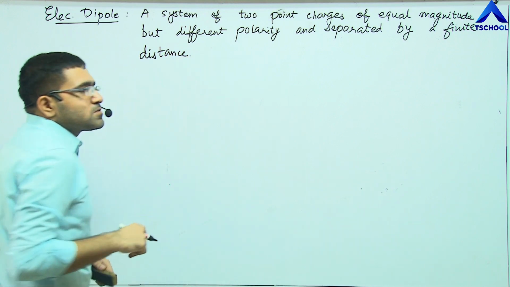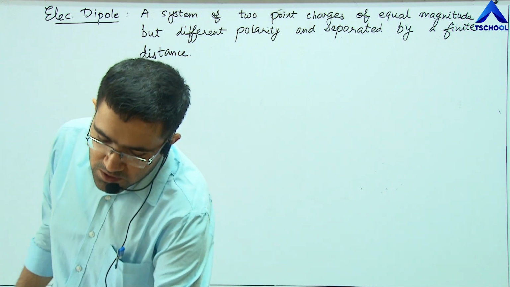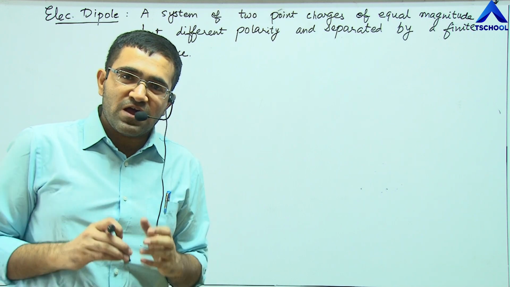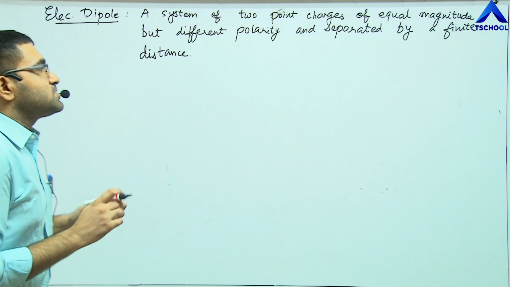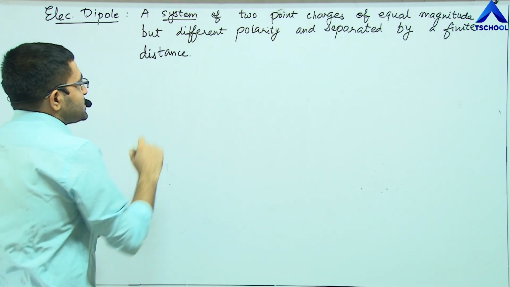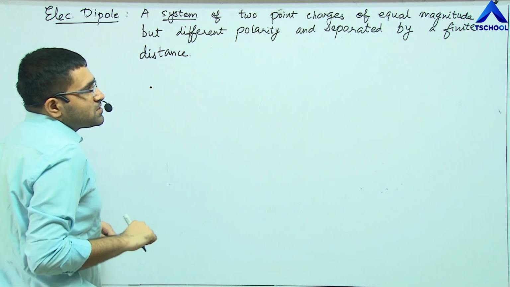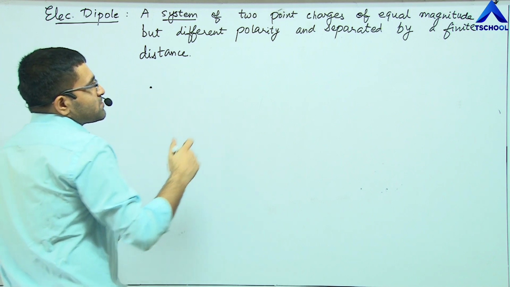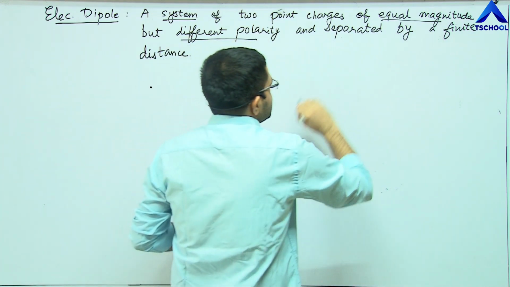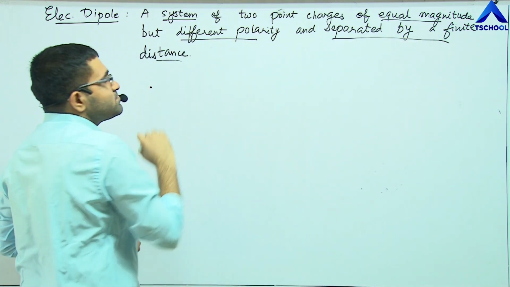Okay, so you don't need to worry too much about how we get this definition. It's very easy to write the definition if you have the diagram in your mind. It says that we have a system, a collection of two point charges. Let's say one over here and somewhere else the second one. Both of equal magnitude, different polarity, and separated by some distance.